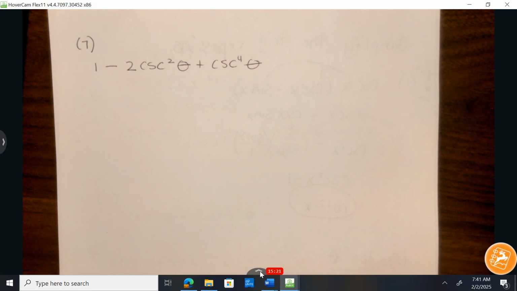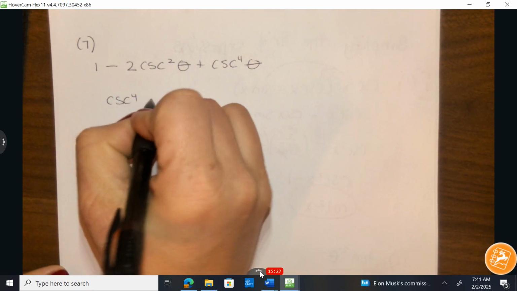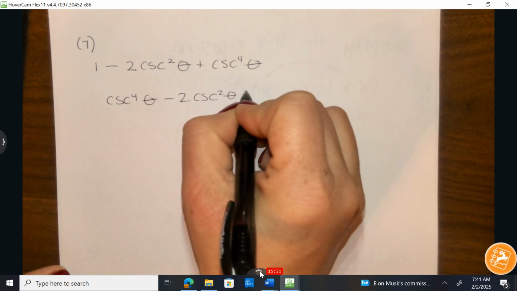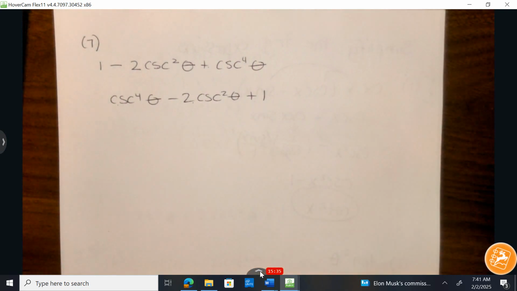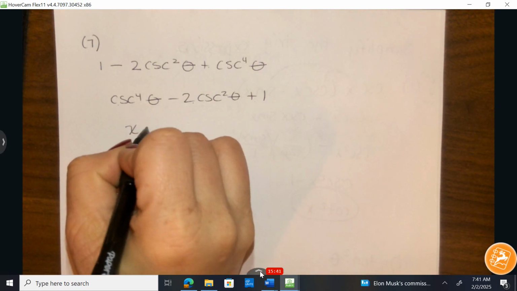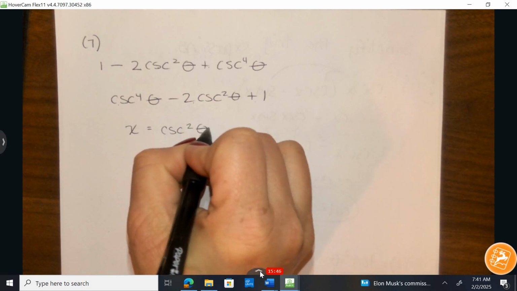Number 7, I'm going to start by writing this in standard form. It's not necessary, but I think it'll help us out. Same signs have to follow each term. Okay, now just like I did with example number 6, I'm going to say that x is going to be equal to the cosecant squared of theta.